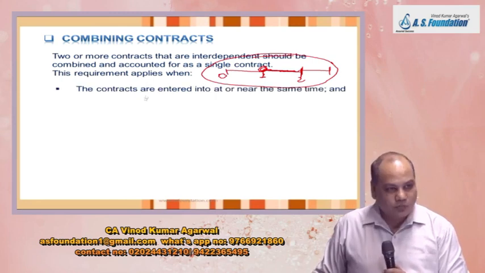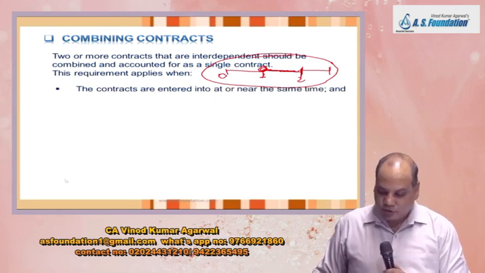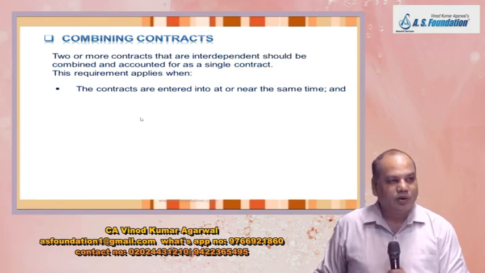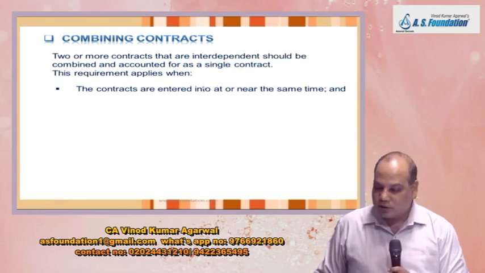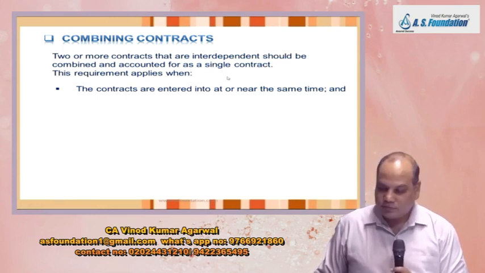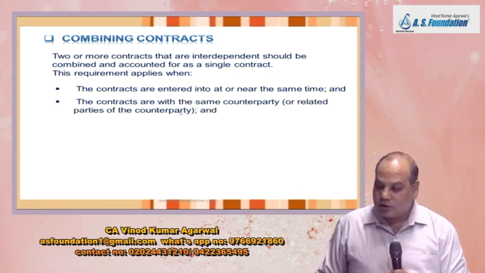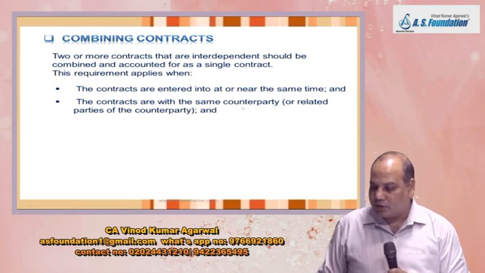Okay. When can you combine? Now remember this condition for some theory questions. When can you combine more than one contract as a single lease contract? Contracts are entered into at or near the same time. Paragraph B1.4. Then second, the contracts are with the same counterparty. But you people are very smart.